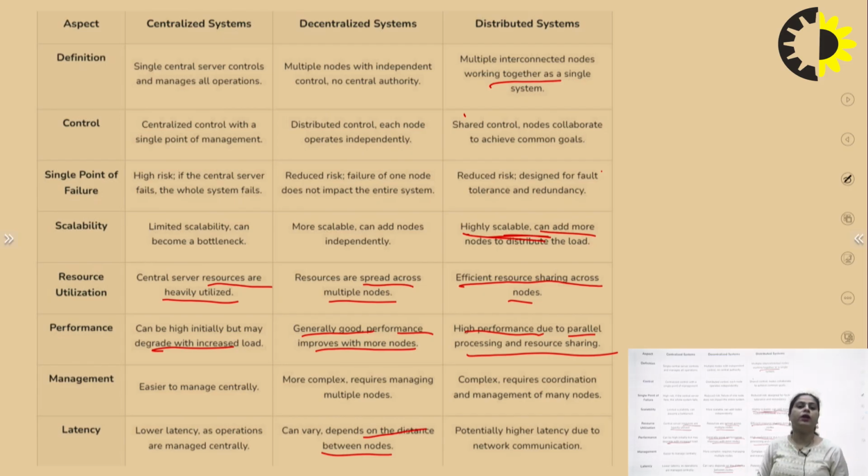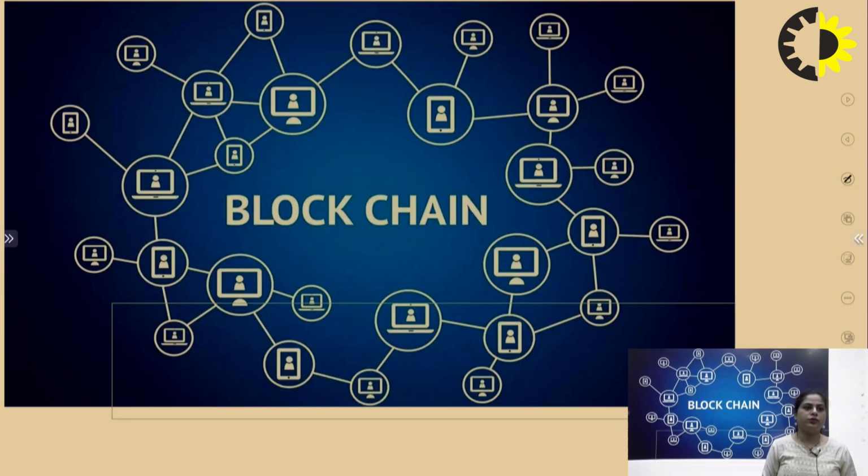They are located in different locations, so the latency varies depending on the distance between the nodes. In a distributed system, there is potentially higher latency due to network communication. So, this is the difference between the centralized system, decentralized system and the distributed system.